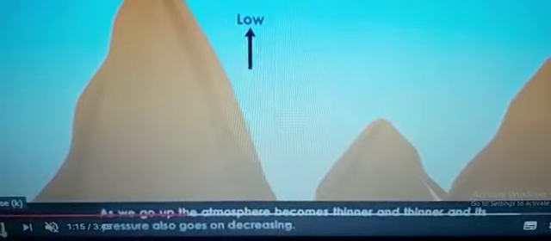So children, this is the way altitude helps in the distribution of air pressure. Now the vertical distribution of pressure is shown.